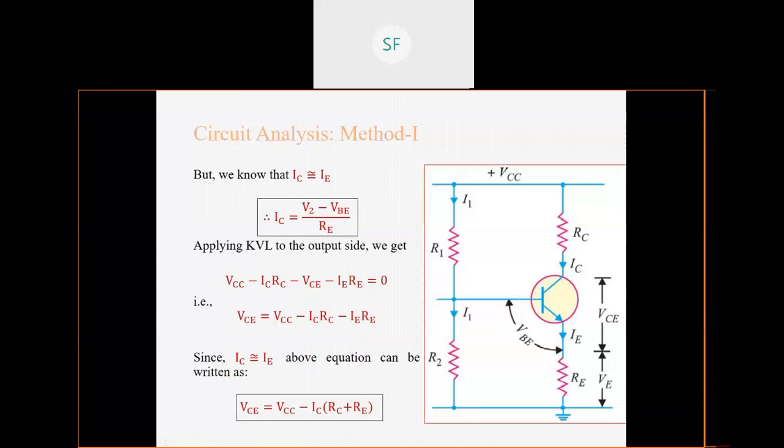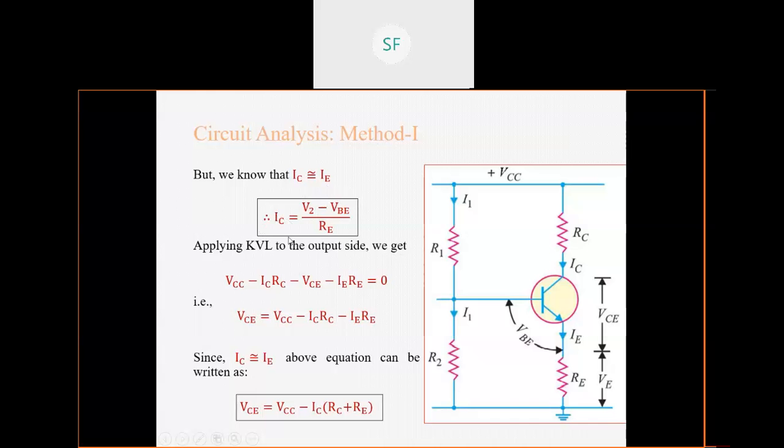Now in the next slide, we know that collector current is approximately equal to IE. You have the equation that emitter current equals base current plus collector current. What you have approximated is that base current is 0. So when base current becomes 0, then your IC will be equal to IE, one and the same, right?